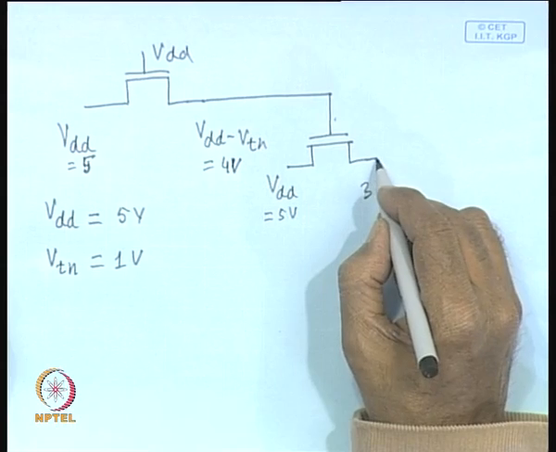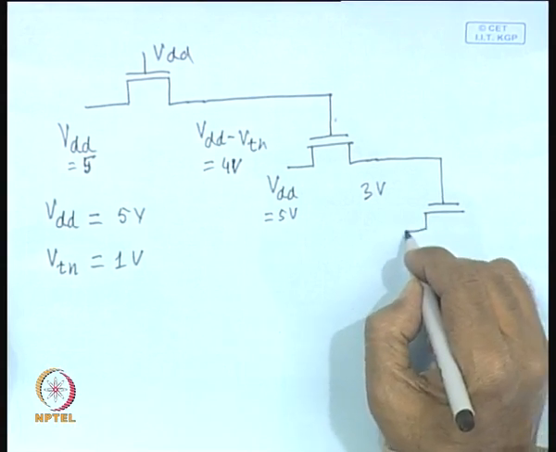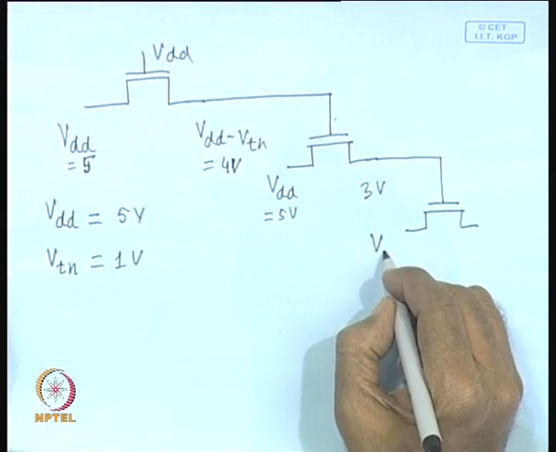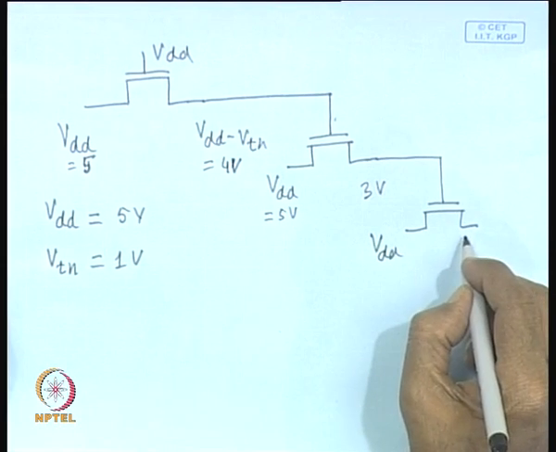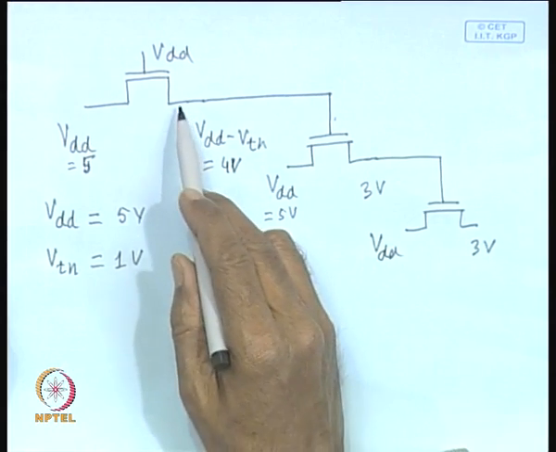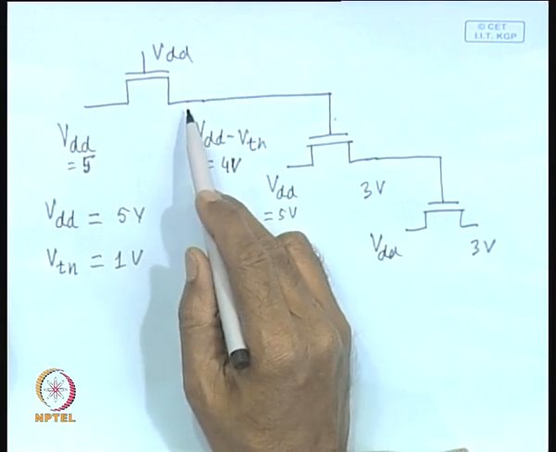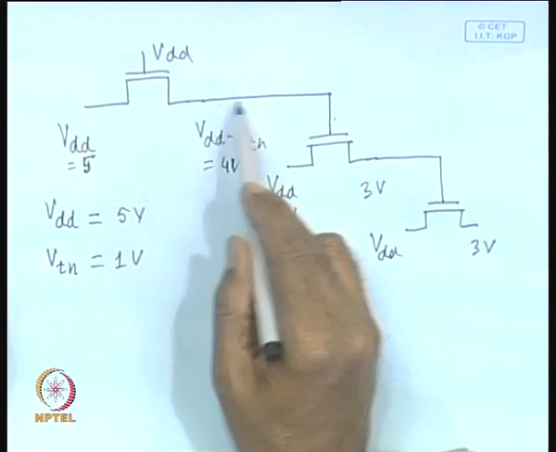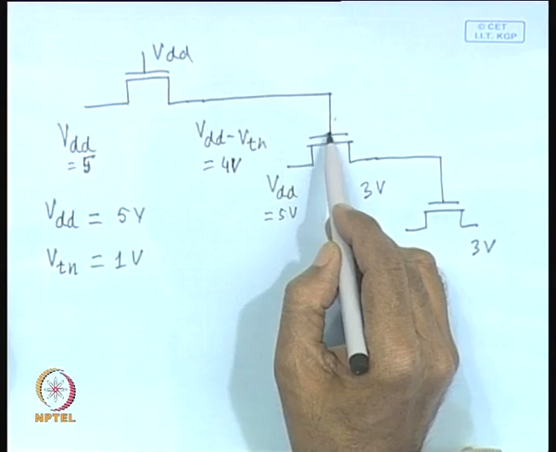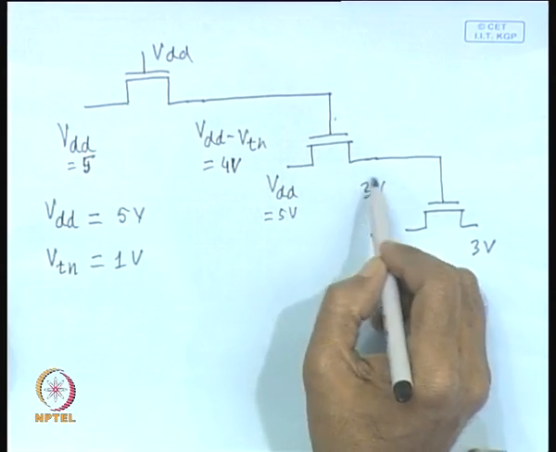In a similar way, suppose we apply this as a control signal to another stage, then VDD will get degraded too much. That means, if the output of a pass transistor logic, I mean an NMOS transistor switch, is applied as an input to a gate to the next stage, then the voltage further degrades.